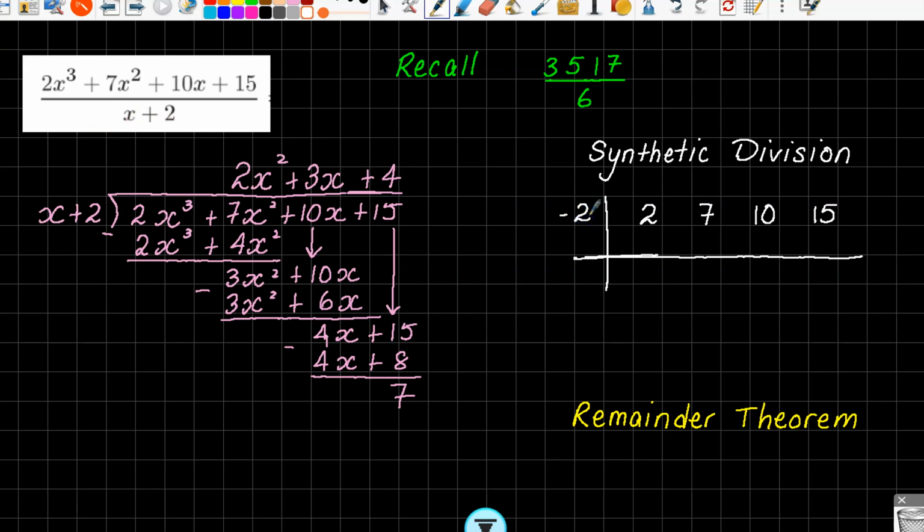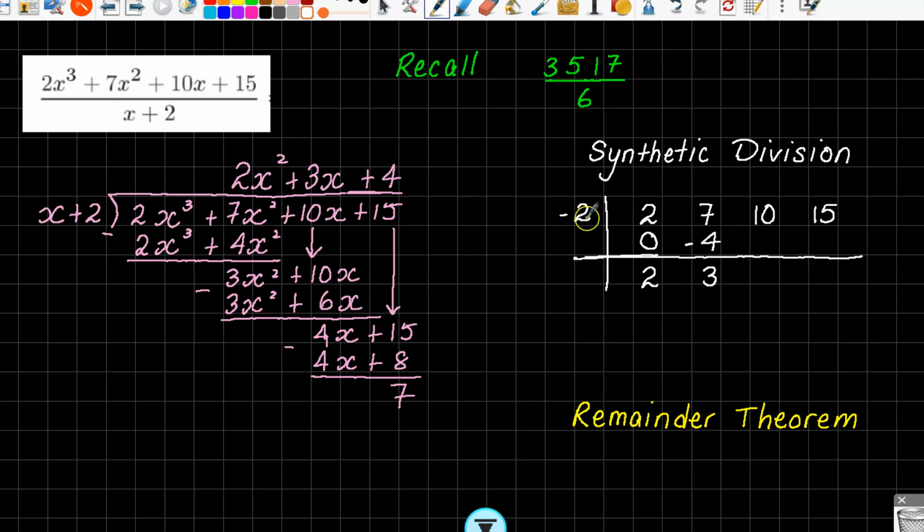And I pop that there. Underneath the 2, I place a 0. We add. So 2 plus 0, 2. Now we multiply. -2 times 2, -4. What do you think we do? We add. 7 plus -4 is 3.